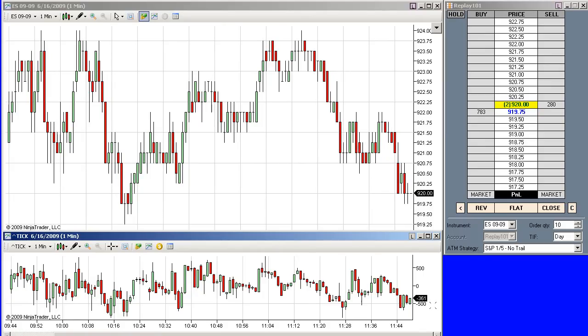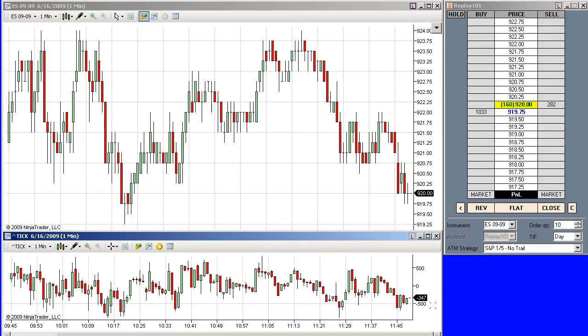sort of like comparing a sprinter to the market. Sprinters are very quick, and they're very good at moving from one point to another in a very quick manner. However, they can't run long distances, and that's sort of how I read the tick.